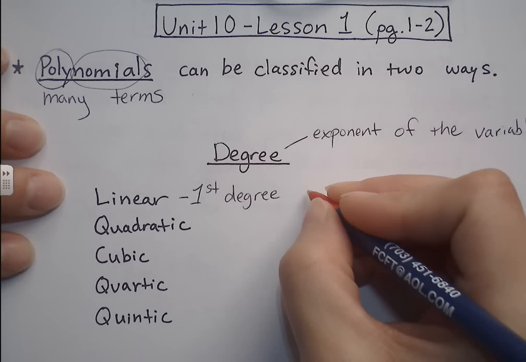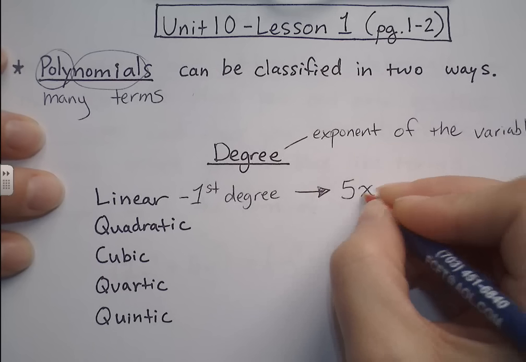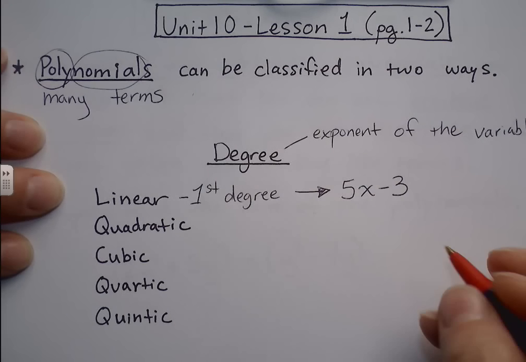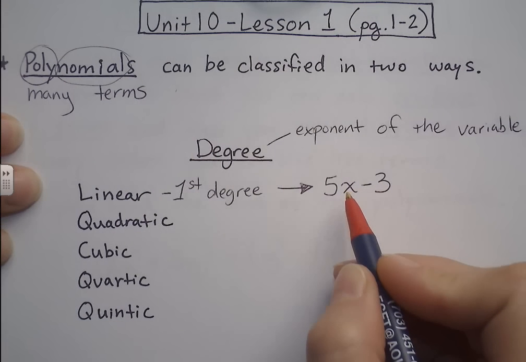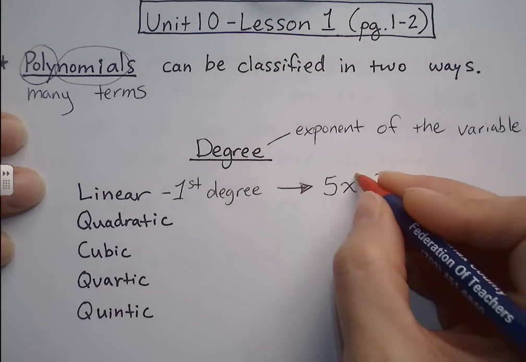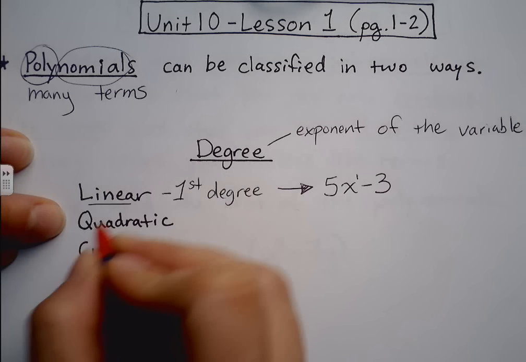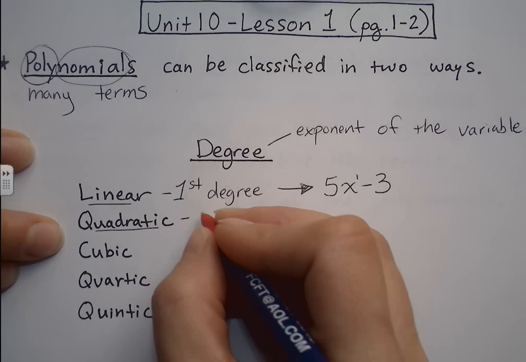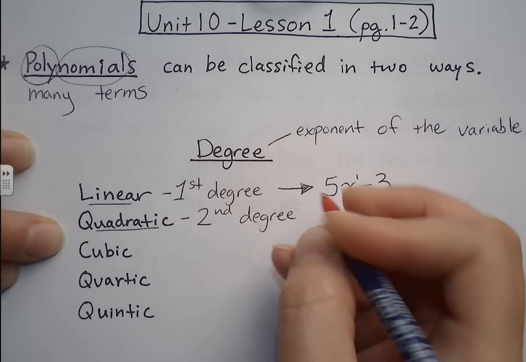So a first degree polynomial would be something like this: 5x minus 3. Okay, so see the x, the variable, does not have an exponent, so it's assumed it is 1. So first degree would be linear. And again, this is just vocabulary. Quadratic would be your second degree.